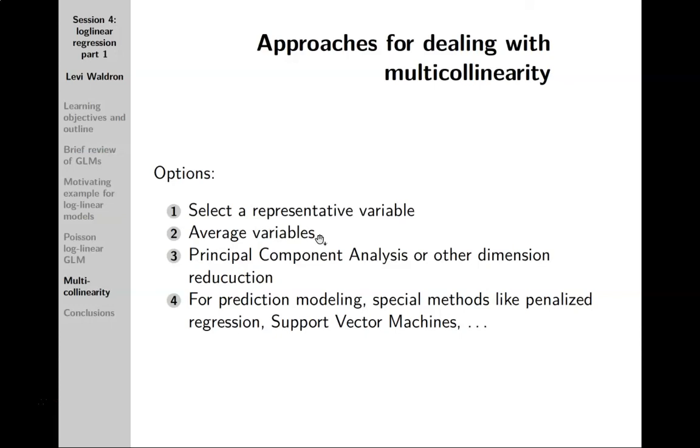So if there is some variable that just makes more sense, you think it is measured better, or there's some rationale for choosing one over another, you can just do that. You could average variables together. You could just create new variables that are the average of the multicollinear variables.